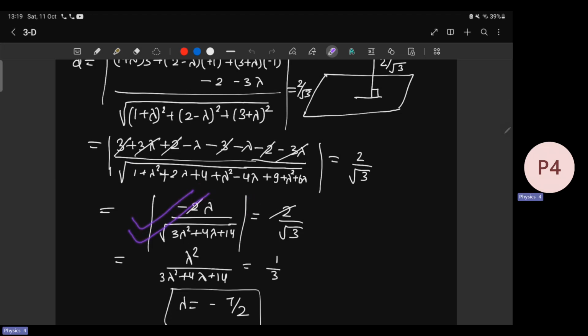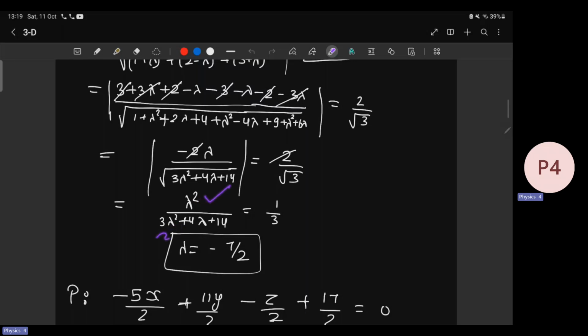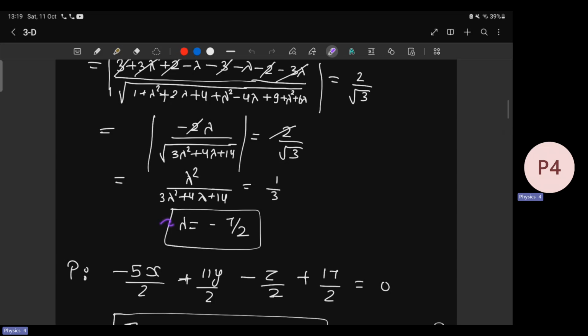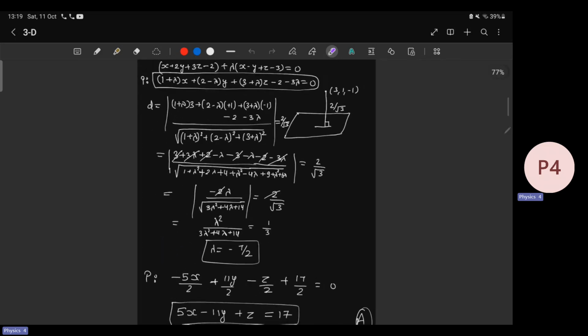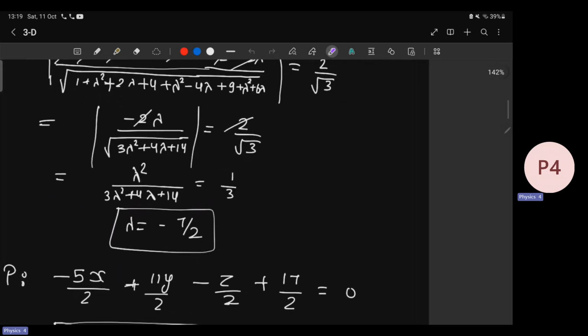If we square both sides, lambda square upon (3 lambda square plus 4 lambda plus 14) equals 1 by 3. So from here, we directly get the value of lambda equals minus 7 by 2. If we put the value of lambda in this equation, we will get the desired equation of the plane.